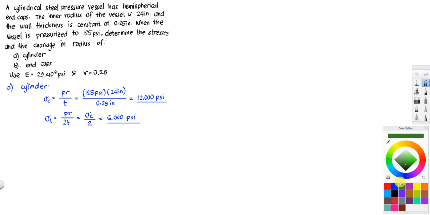Kaya lang since this would be biaxial, pag sinabing biaxial, no, dalawang directions yung stresses natin. Sabi nga natin, isang is circumferential at isang longitudinal. Okay, so para makuha natin yung strain niya, gumagamit tayo ng biaxial Hooke's law. Okay, so paano yung biaxial Hooke's law? So, using the biaxial Hooke's law.